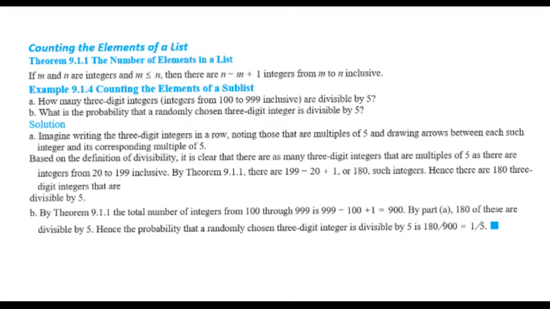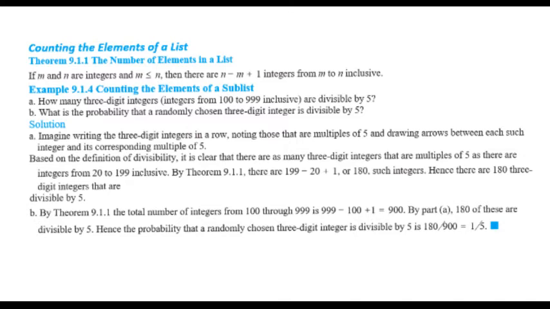Here is the theorem. It says if m and n are 2 integers such that m is less than or equal to n, then there are n minus m plus 1 integers from m to n inclusive. For example, if you are asked to find the number of elements between 1 and 100 inclusive, we know that there should be 100 elements, right?